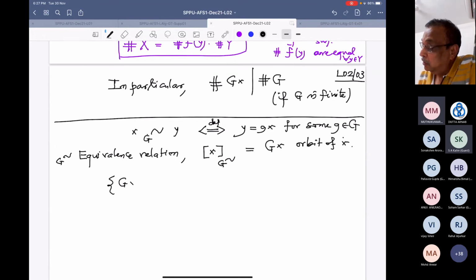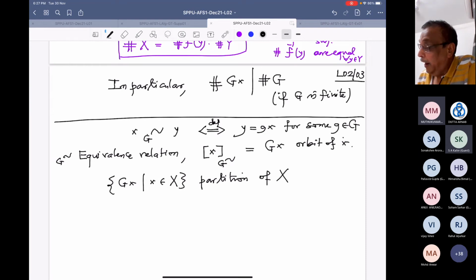This is the partition of X, the orbits, with x varying. We don't repeat one: the orbit may be the same for two elements, but then we write only one.